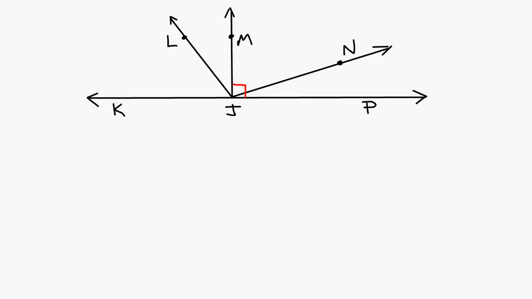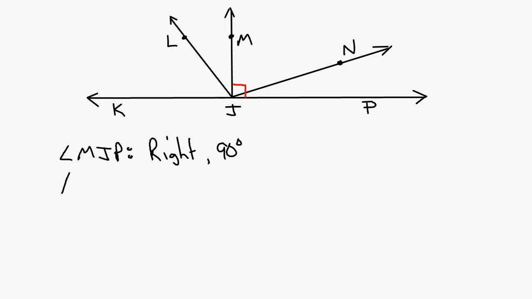All right, so let's look at angle MJP. And let's classify it first as acute, right, or obtuse. It's a right angle. And what's its measure? 90 degrees, good, because that symbol means 90 degrees.